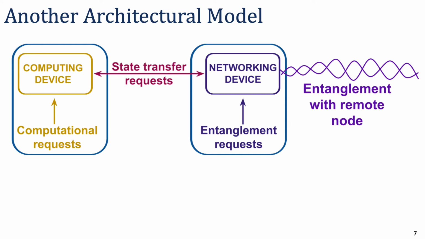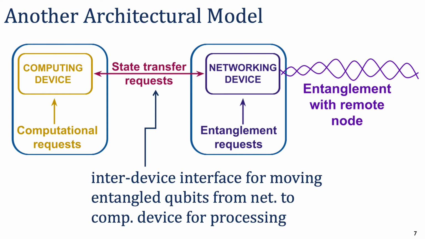Similar to the previous architecture, state transfer from one device to another requires the cooperation of both devices. But in this architecture, we have an inter-device interface for being able to move entangled qubit state from the networking device to the computing device for processing.